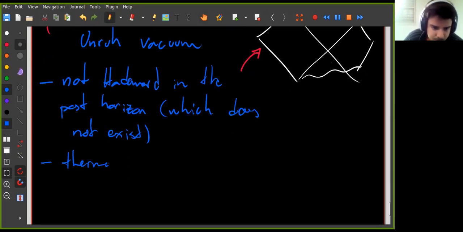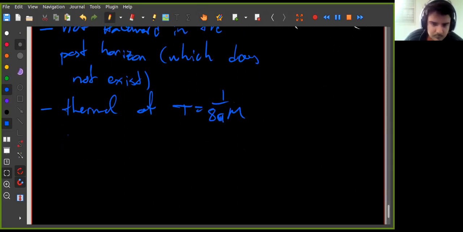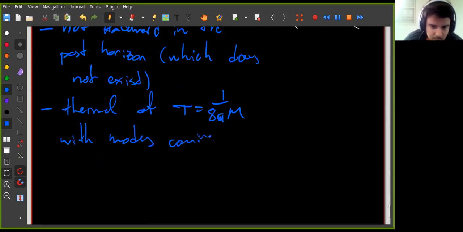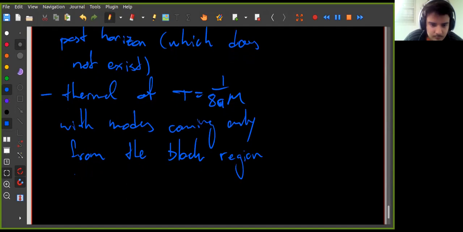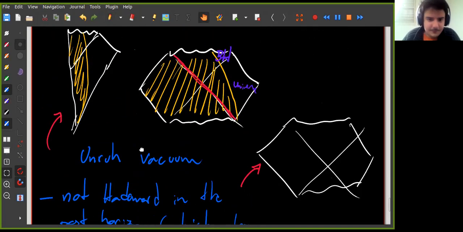It is thermal at T equals 1 over 8 pi M, with modes coming only from the black hole region, not from infinity. This is known as the Hawking effect.